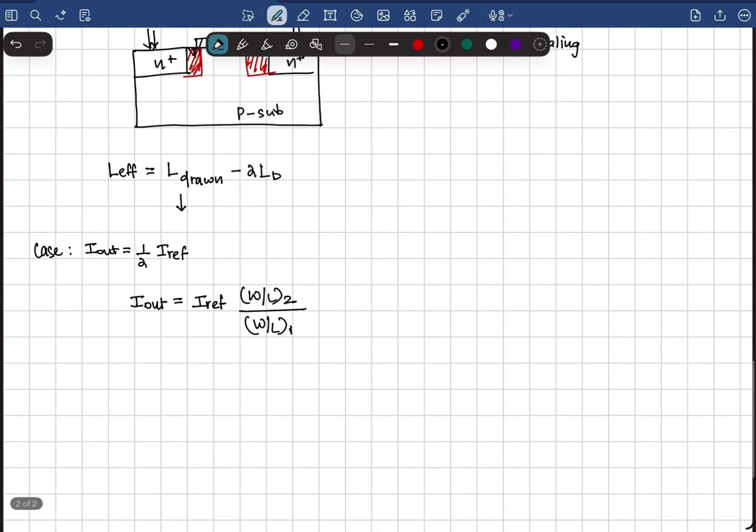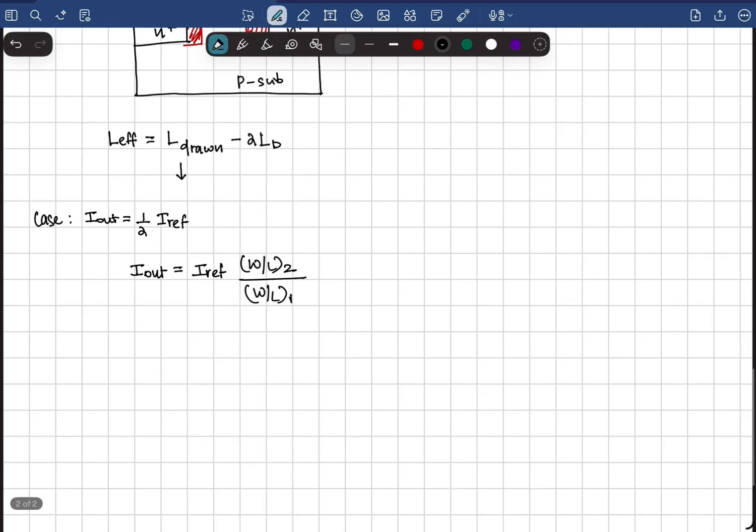So let's try to scale the length. Suppose I want the output current to be half of Iref, then if I try to scale the length, the formula can be rewritten as W by L of 2 divided by W by L of 1.